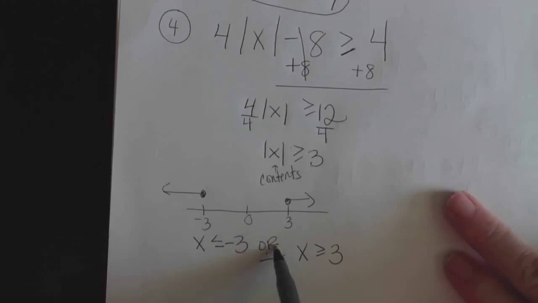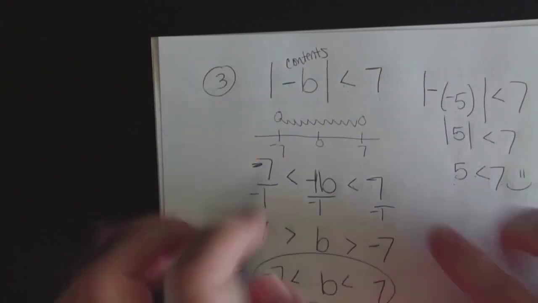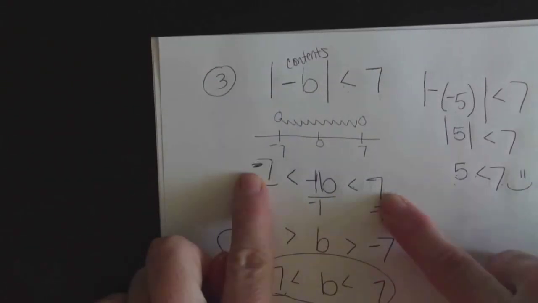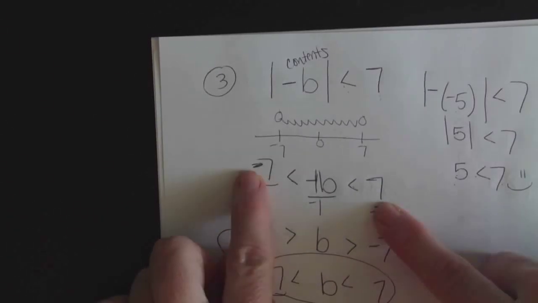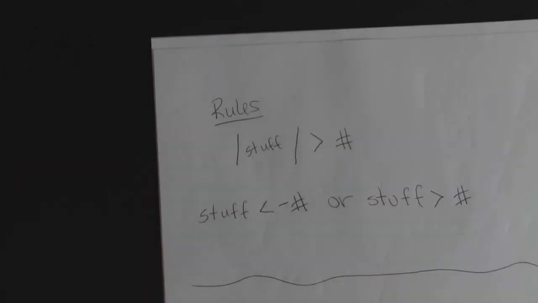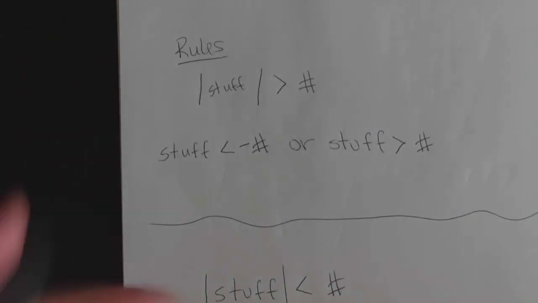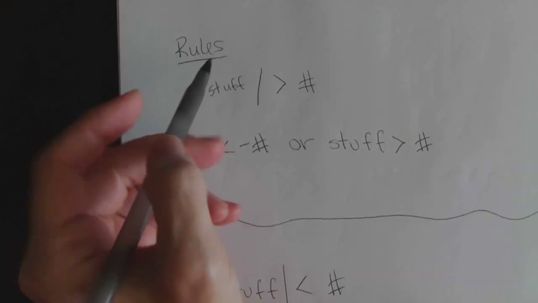Because of the differing directions, you're going to put that "or" in between. The differing directions with the greater than has the two statements with the "or." The less thans put the contents between the negative and the positive. So you don't have to write a word for this one.